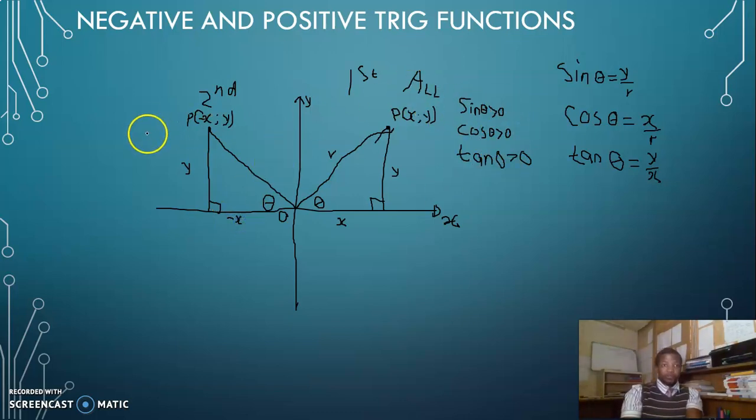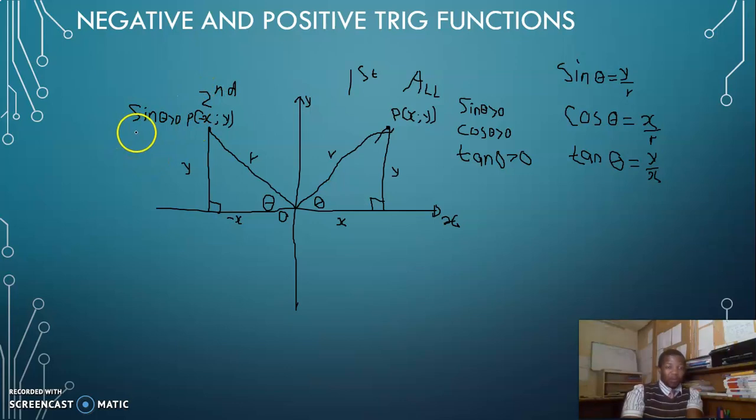So if you look at sine theta here, it is opposite y over r. Here is our r. So it's y over r. It's also positive. So sine theta is positive, right? In this quadrant, the second quadrant.